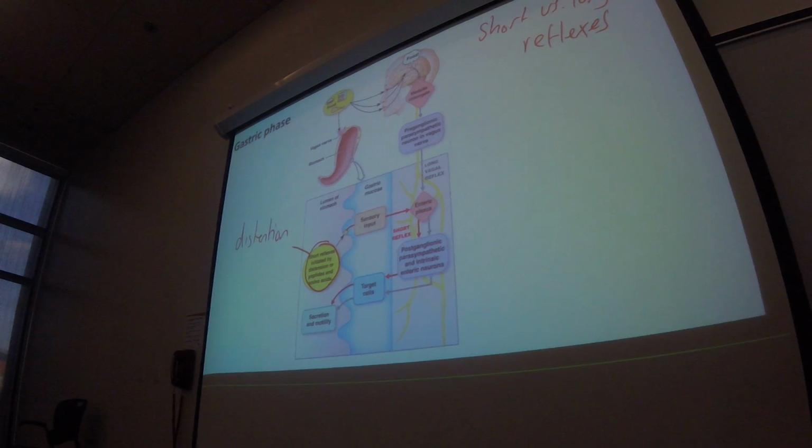We also have receptors that can detect polypeptides and amino acids. We have chemical receptors. We also have mechanical receptors that detect stretch, and those can set off the input that goes into the enteric plexus, as they call it here, but you can just say this is basically the enteric nervous system.